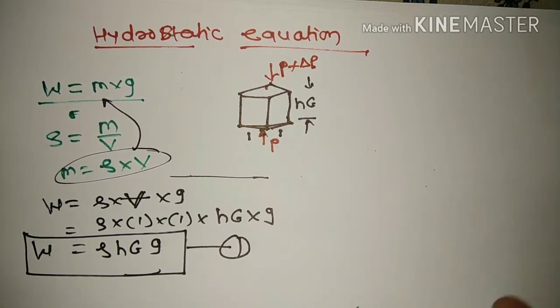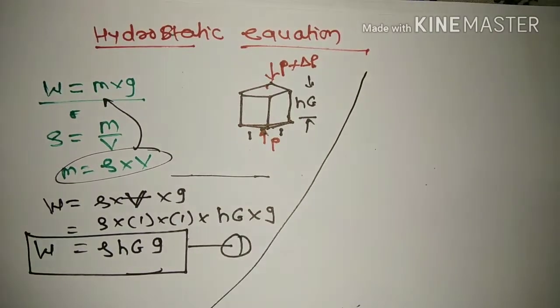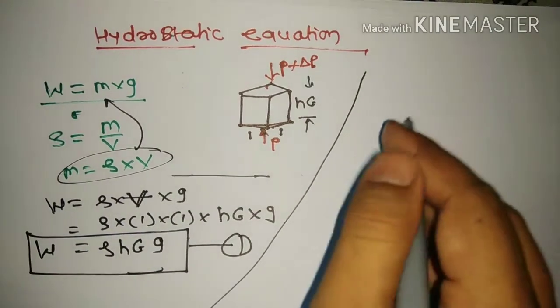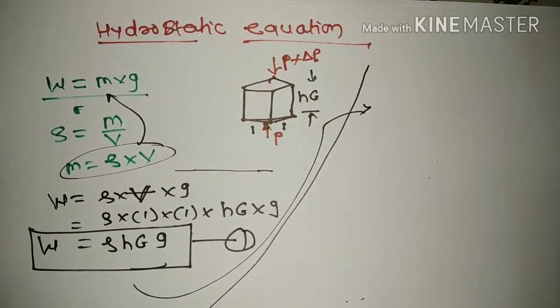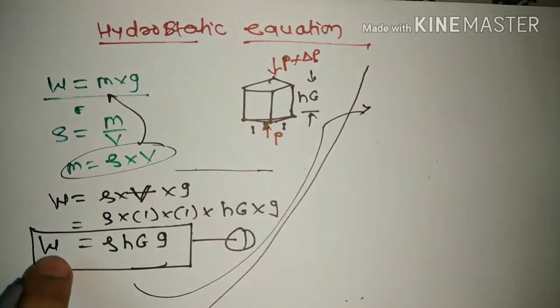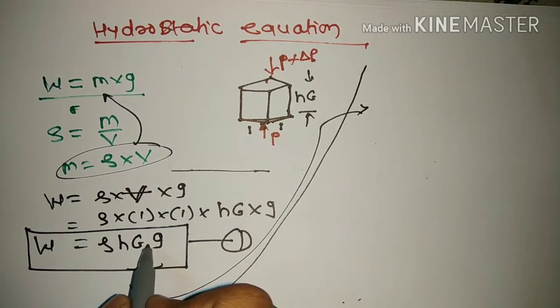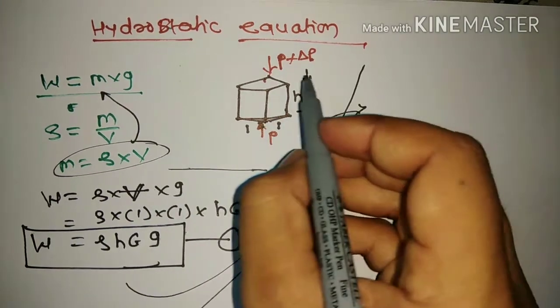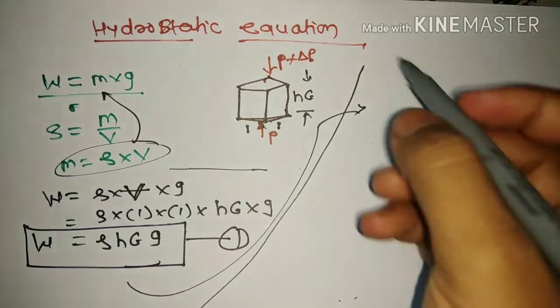Now we found equation 1 for the weight: rho times h times g, where Hg is the geometric altitude.